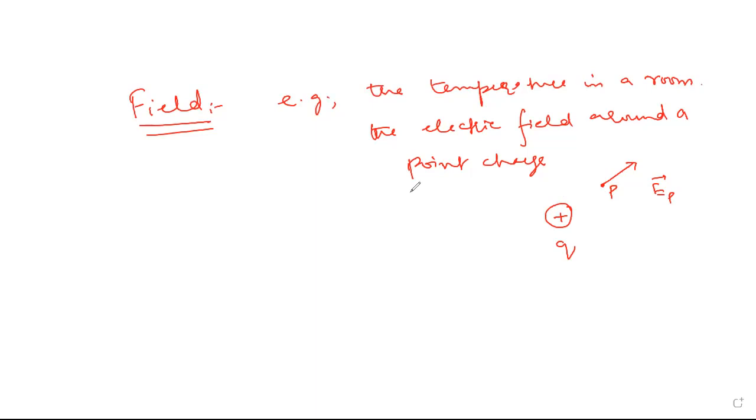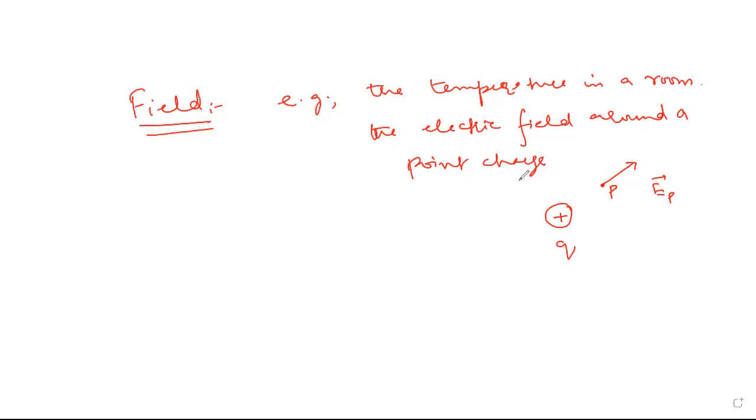Now, in all these examples, there's a particular region of space which is of interest for the problem at hand. At every point of this region, some physical quantity has a value, right?